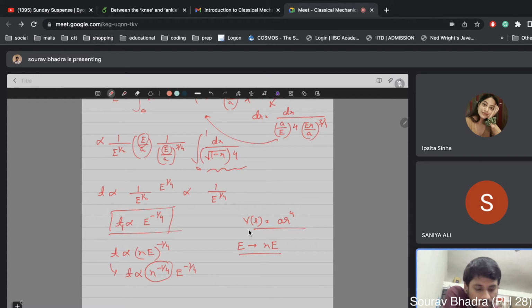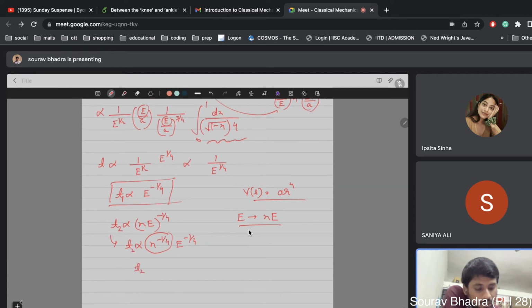I think you can understand. Suppose T equals T1 and it is T2, then T2 by T1 will be proportional to n to the power minus 1 by 4. That means your time period T2, which is associated with the higher energy of nE, where n is greater than 1, decreases by that factor, n, which is how many times the previous energy is the current energy, to the power minus 1 by 4.